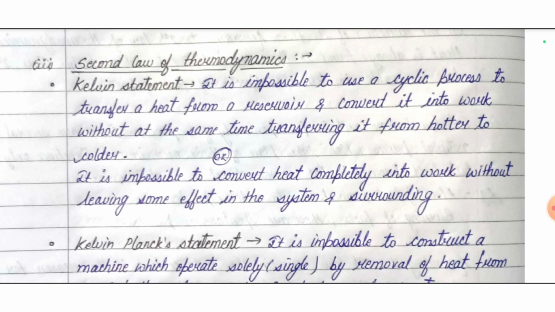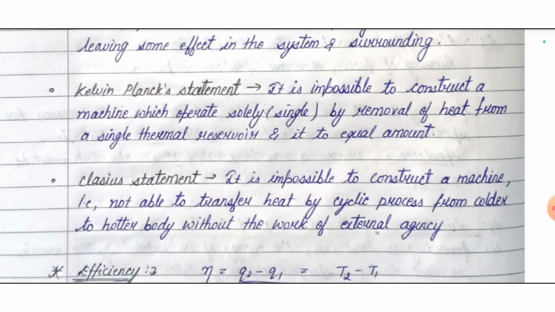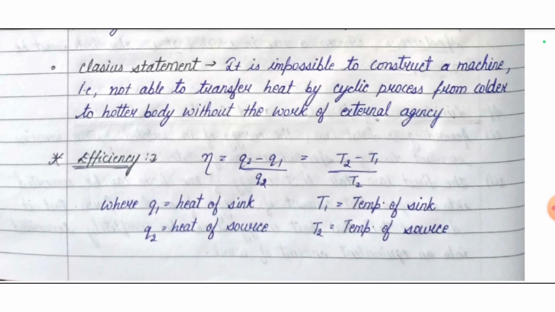Or, it is impossible to convert heat completely into work without leaving some effect in the system and surroundings. Kelvin-Planck's statement: It is impossible to construct a machine which operates solely by removal of heat from a single thermal reservoir and converts it into an equal amount of work. Clausius's statement: It is impossible to construct a machine that is able to transfer heat by a cyclic process from a colder to a hotter body without the work of an external agency.